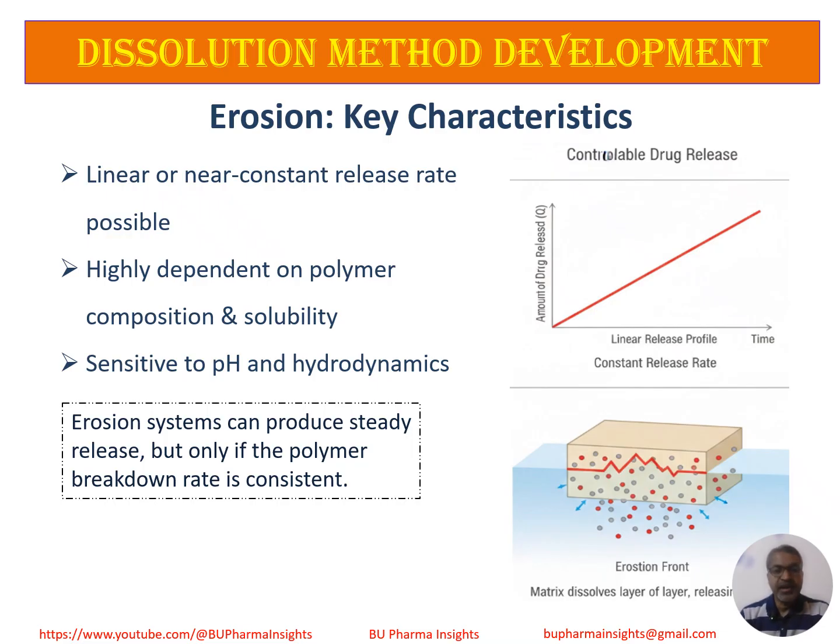When polymer breakdown is consistent, erosion systems can deliver a linear or near constant release profile. However, release behavior is highly dependent on polymer composition and solubility and is sensitive to pH and hydrodynamics. That's why erosion-based formulations require careful media and method selection.